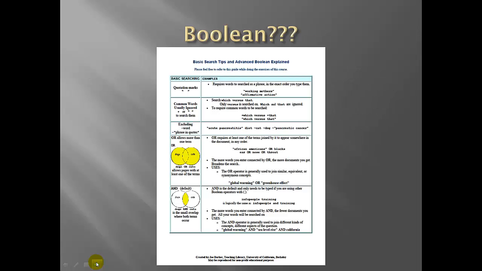We'll talk about this, though I'm not going to talk about it a ton. Boolean, really some real basic, or excuse me, I should say advanced search tips using symbols. I'll probably put on Moodle the PDF that accompanies this. I'm not going to talk very much about it at this point.